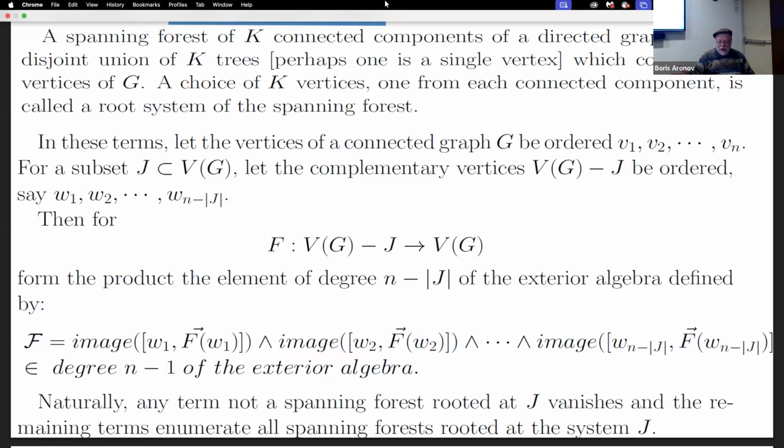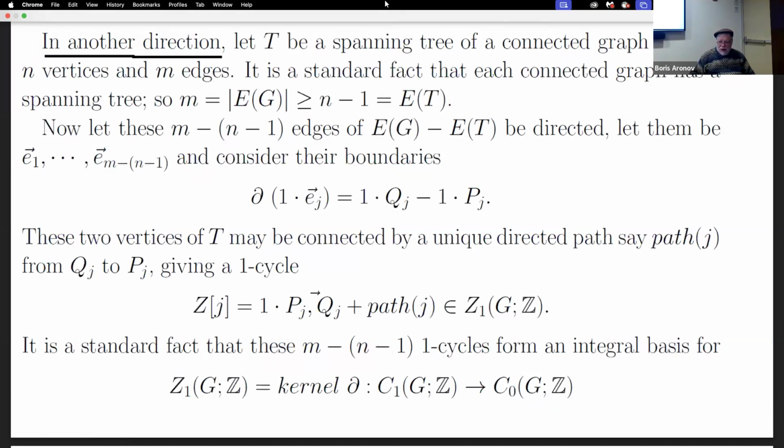You're using a different degree in the spanning forests than you were in the exterior algebra for the spanning trees, but you get a similar formula and things cancel whenever there's a loop. As it says at the bottom of the slide, all terms not spanning forests rooted at J vanish, and the remaining terms that are not zero enumerate all the spanning forests rooted at J. So this technique works not only for counting spanning trees, but also for counting spanning forests.